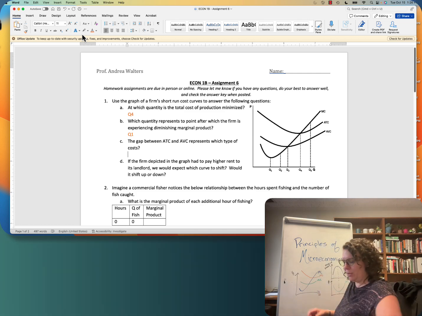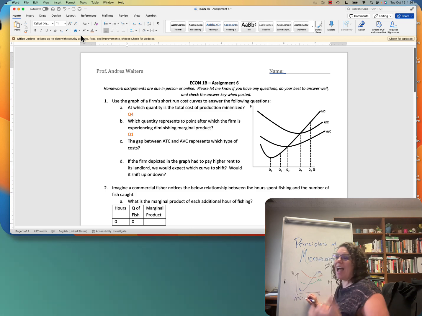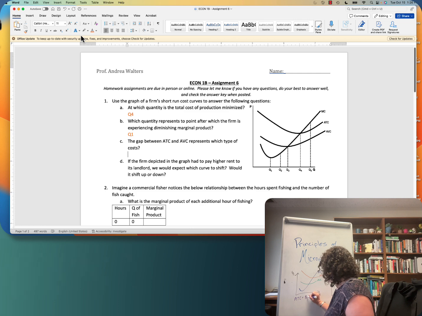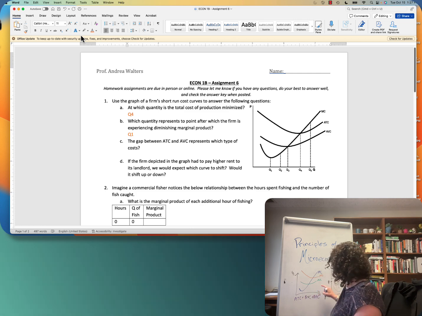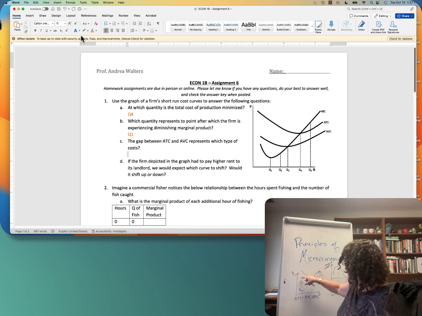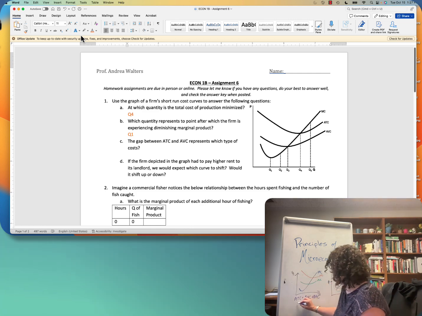The gap in between average total cost and average variable cost is average fixed cost, because average total cost is average variable cost plus average fixed cost. So that means if I were to take the variable costs out of total cost, I would be left with the fixed cost.